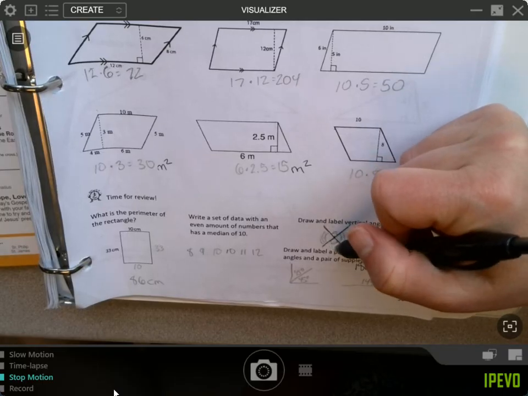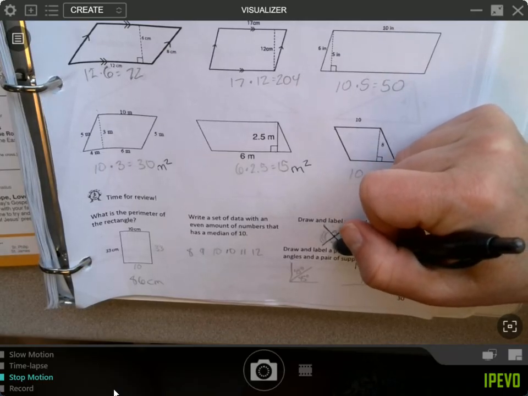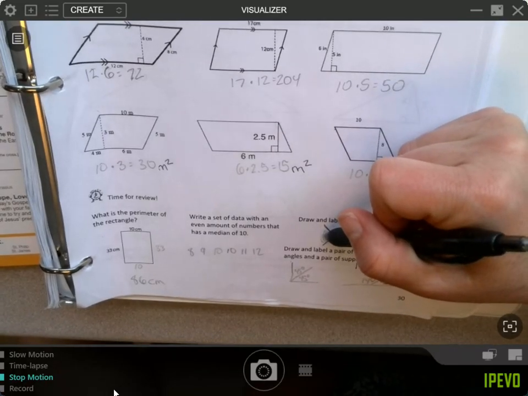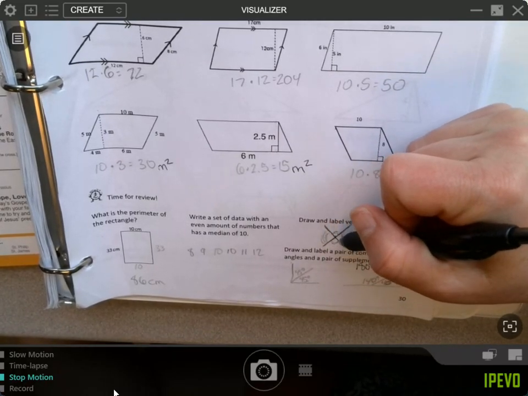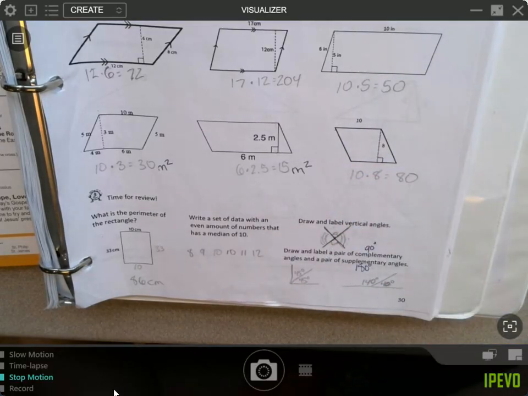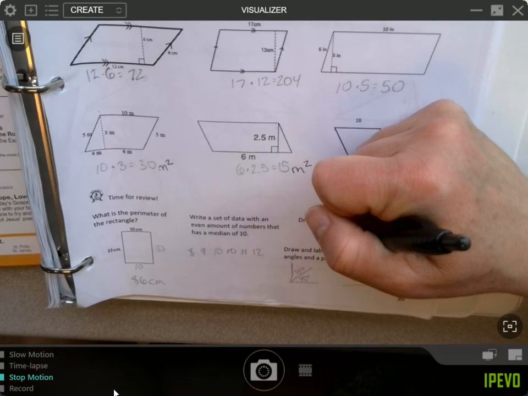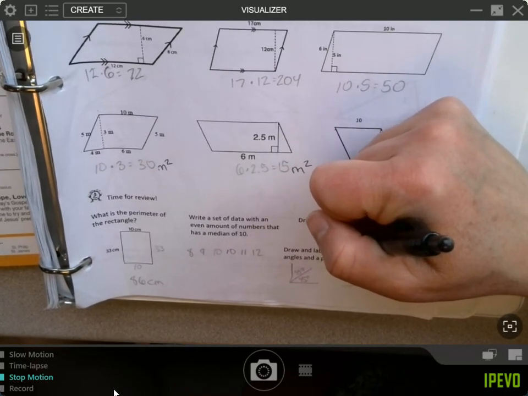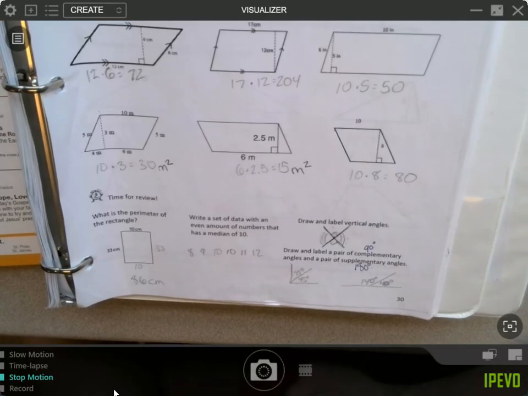So you could have had, let's say, 80 and 100, right? And then that 100 would be across from the 100, 80 would be across from an 80. But as long as, if you're using degrees, both angle measurements added together on that line should equal 180 degrees.